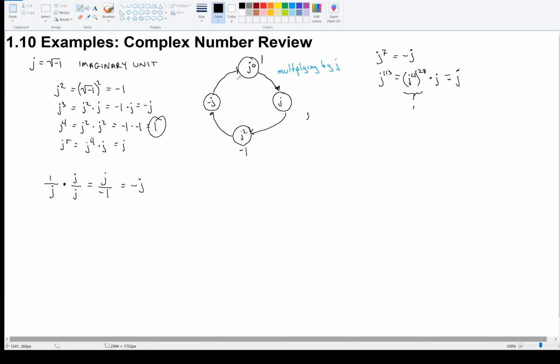So taking 1 and dividing by j gives me minus j. And if I keep going, you'll see I go around the circle in the other direction. If I took minus j and I divided it by j, I'd get minus 1. And if I took minus 1 divided by j, I'd get j, and so on. So this is dividing by j. Okay, so that's one thing that you need to be cognizant about, the powers of j.